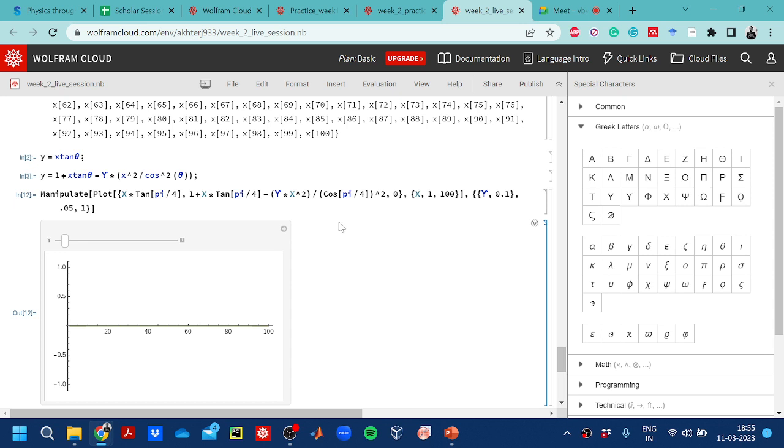So 1 plus x tan pi by 4 minus gamma x square by cosine theta.